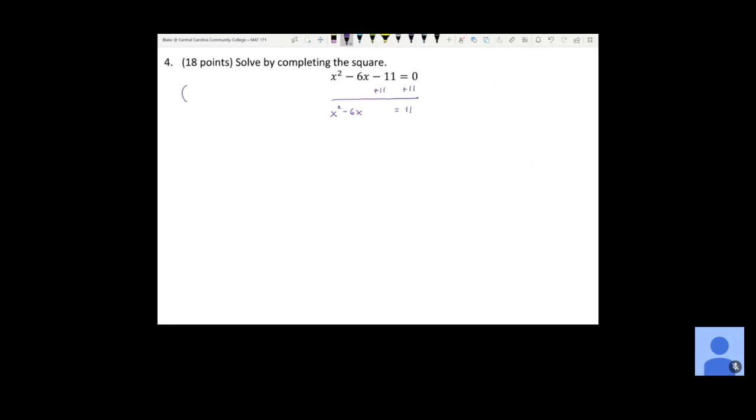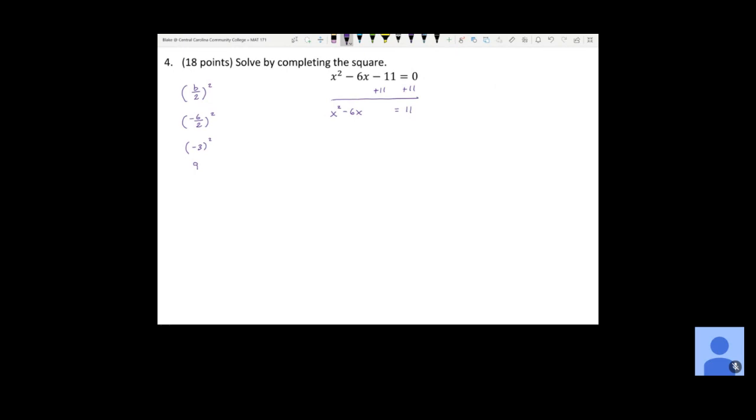So this is where we're going to do our formula, b divided by 2 squared. Now, what's our b value this time? -6, right? So we're going to have -6 divided by 2 squared. What's -6 divided by 2? -3. And if we square -3, what do we get? +9. Good.